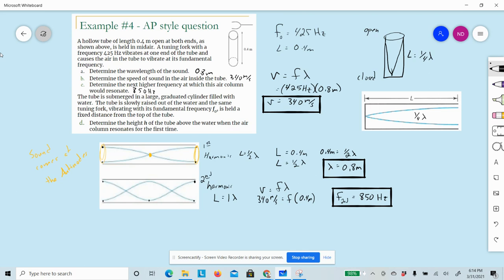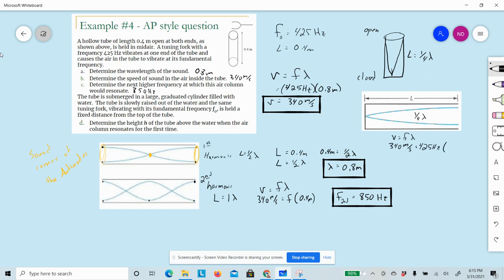All right, now we want to know how high this has to be above the water for this to happen. Again, velocity equals frequency times wavelength. The wave is traveling through air, so it's going to be the same speed, 340 meters per second. Actually, no, we don't even need to do all this. We already know the wavelength at the fundamental frequency is 0.8, at 425 hertz.